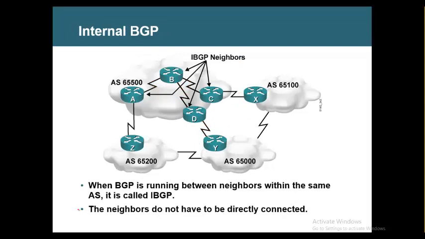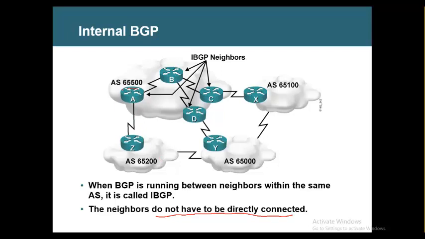Internal BGP, IBGP, neighbors are within the same autonomous system, and the neighbors do not have to be directly connected. What does this line mean?